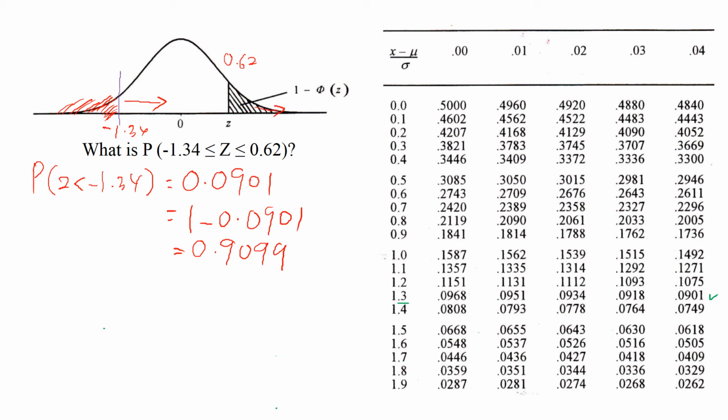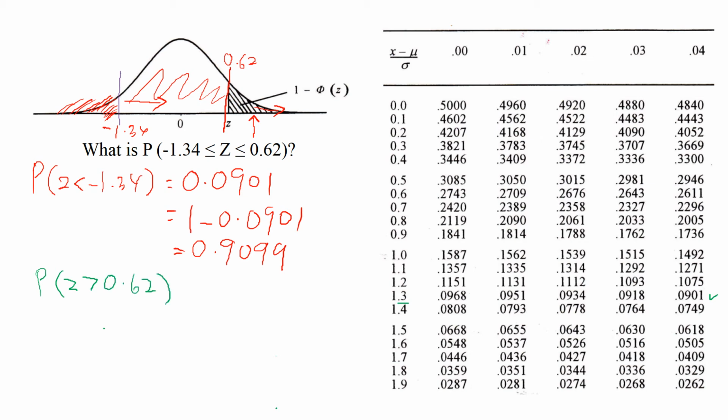But we want to delimit the area until 0.62 here, so we want to find this area. What we need to do is discard this extra area. So next we find the probability of z more than 0.62.